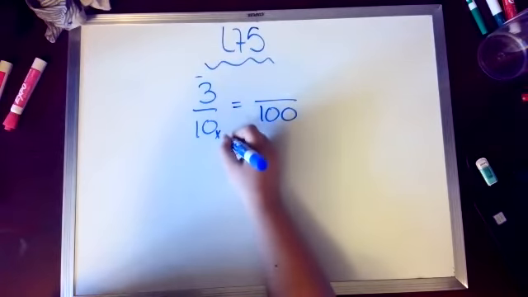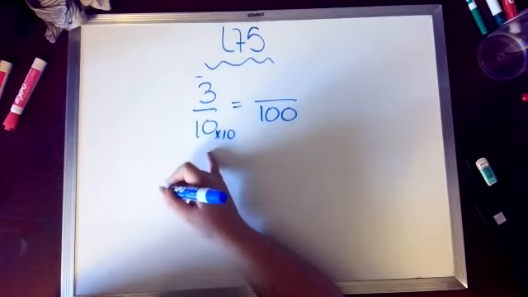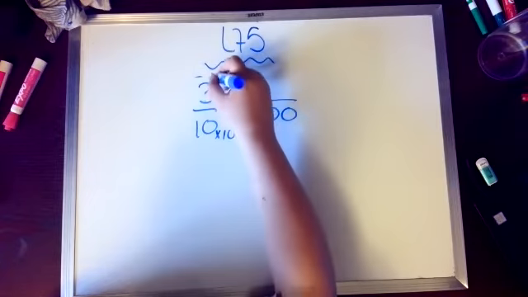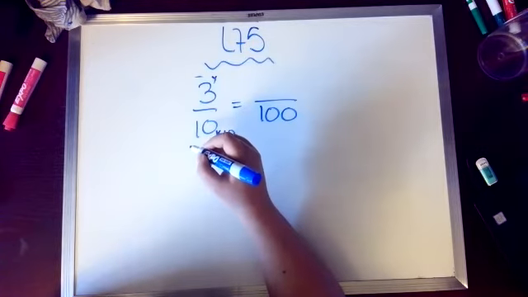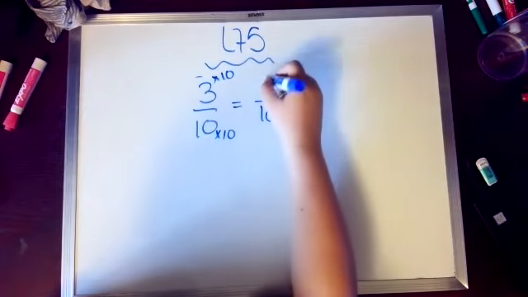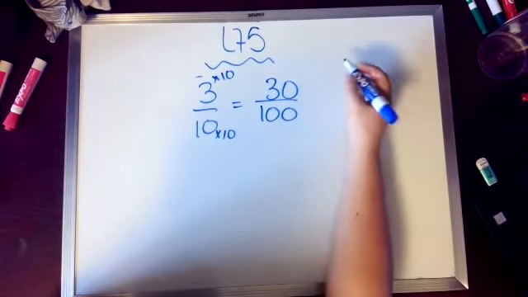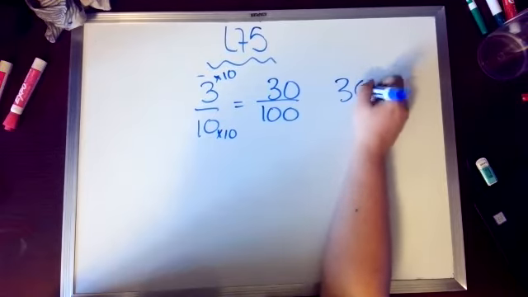I times it by 10. So 10 times 10 is 100. Now, because I did this to the denominator, I have to do it to the numerator. It's one of the rules. Do it to the bottom, do it to the top. So I times 3 by 10, which gives me 30. I now have 30 over 100, which means I have 30%.